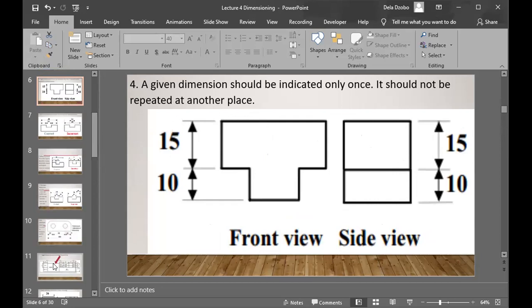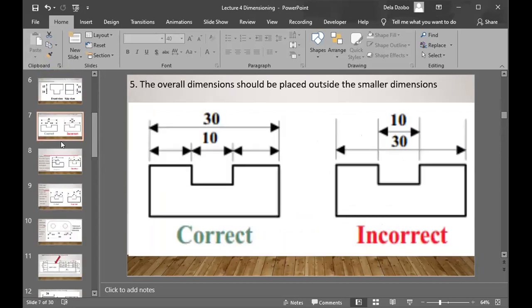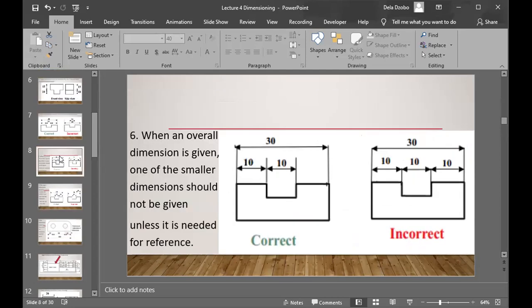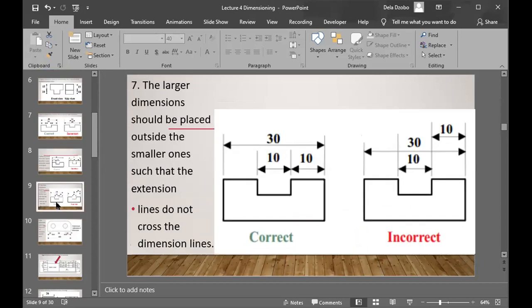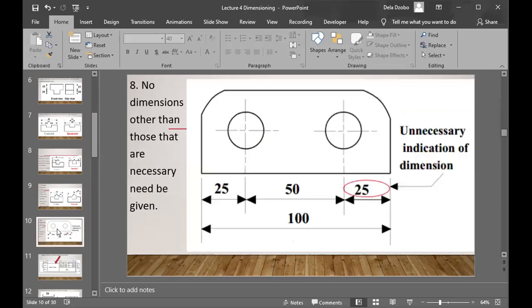We've done this, we just finished it. So this is where we are. When an overall dimension is given, one of the smaller dimensions should not be given unless it is needed for reference, and I've already stated why. Larger dimensions should be placed outside smaller ones, which we've also covered.